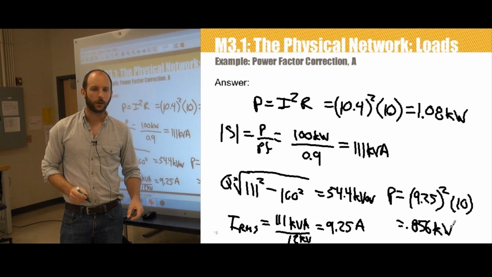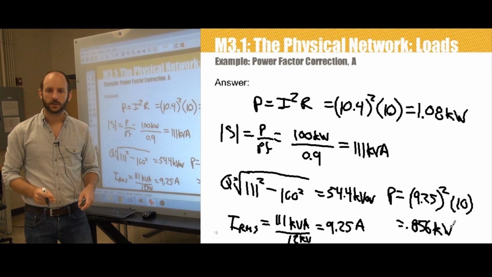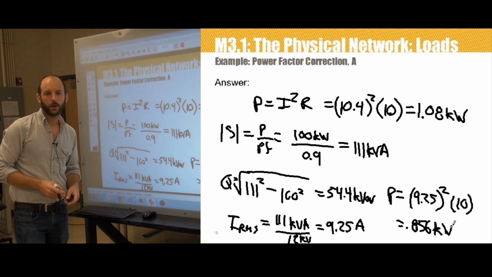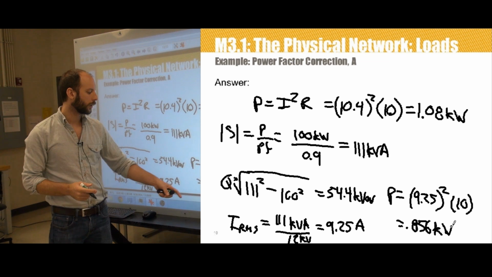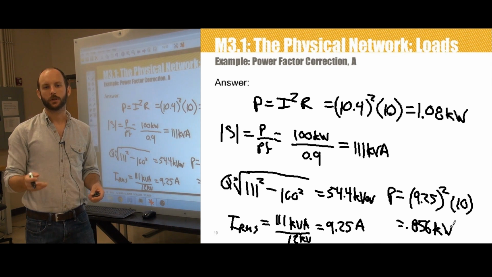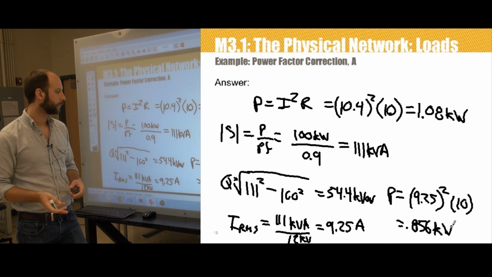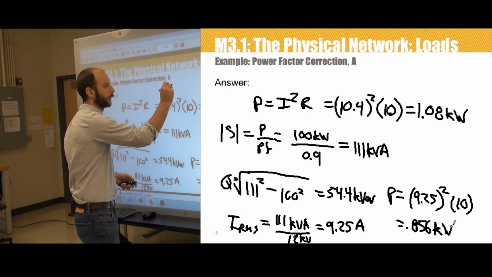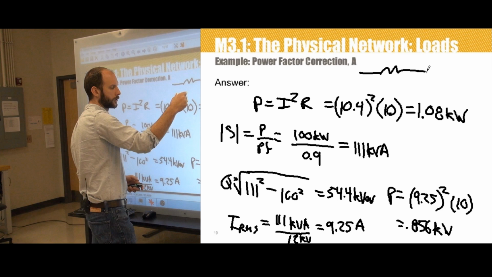Now we've got 0.856 kilowatts. So about 0.2 kilowatts real power reduction in terms of heat loss, in the resistive part of the transmission line, in that transmission resistance.